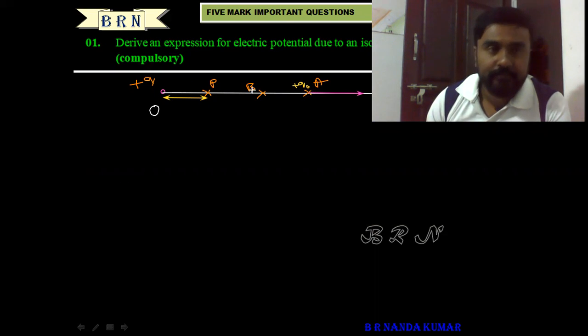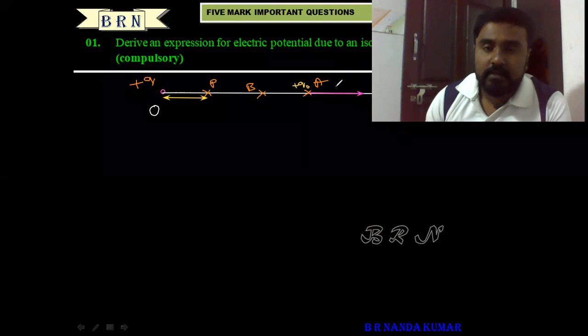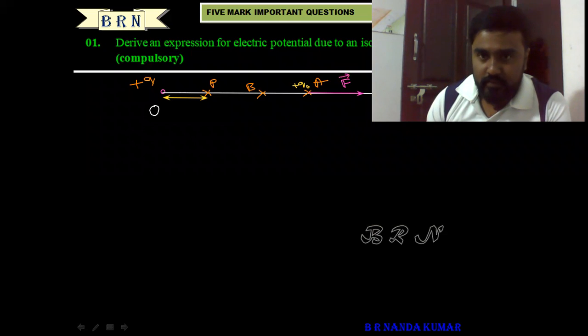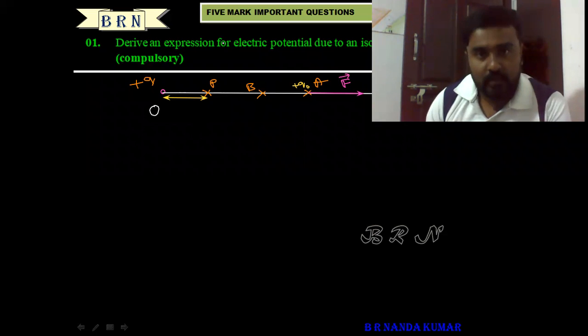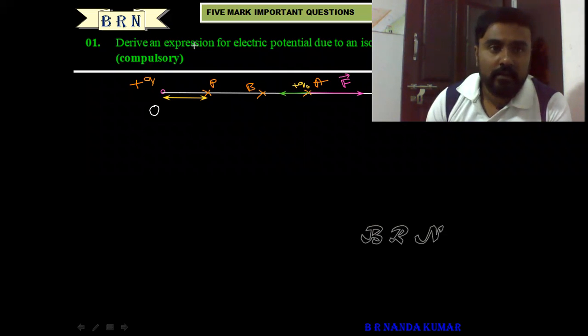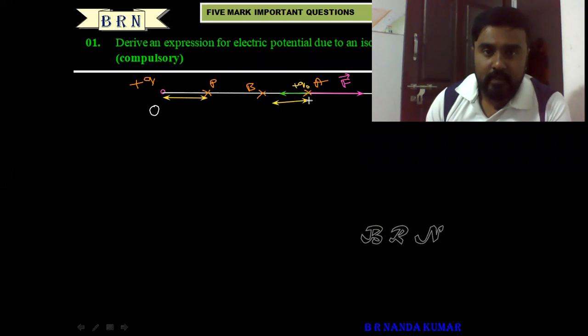Now we have to move plus Q naught from A to B through displacement dx. The distance from A to B is dx.